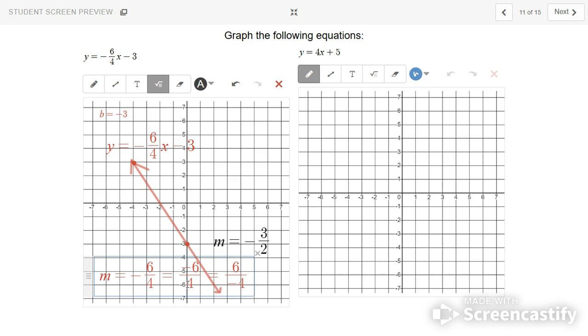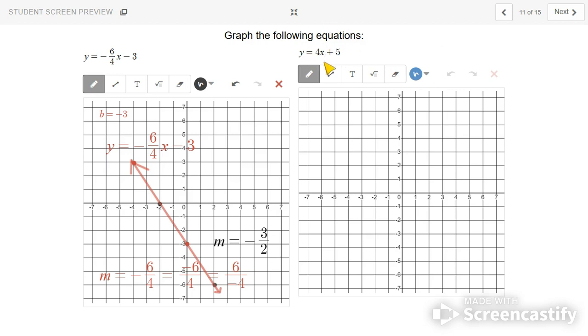I would go down by 3, 1, 2, 3, and across by 2. Or I could go up by 3 and across by 2. So you see that these are all points that are on this line.